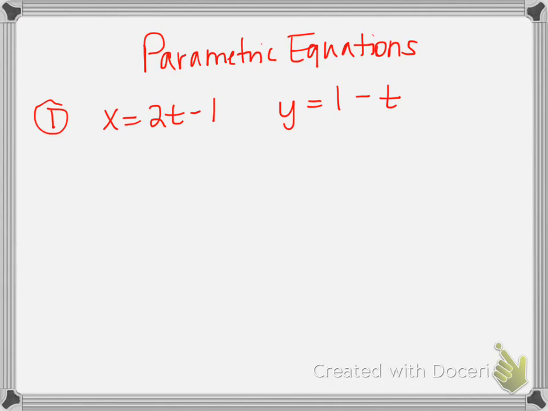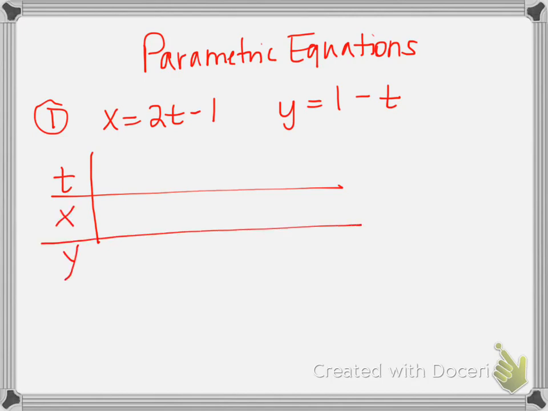But for now, I want you to graph these parametric equations, and I want you to be able to solve them and make an equation that says y equals something like you're used to. So first of all, you're going to make a table for t and for x and for y. And you're just going to pick some t values. Usually you want to pick some negatives, and you want to pick 0, and you want to pick some positives.